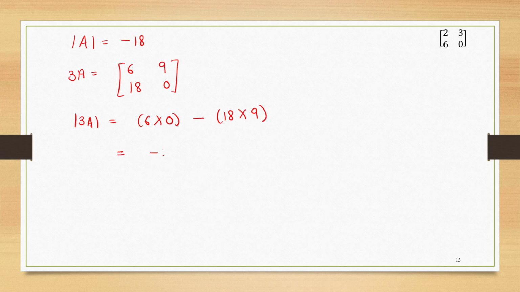That is minus 18 multiplied by 9, or 9 multiplied by minus 18. What is 9? 9 is 3 square. 3 was k, and number of rows in the given matrix were n, 2, multiplied by determinant of A. So this was determinant of kA. So with this example, we are able to prove this property also.